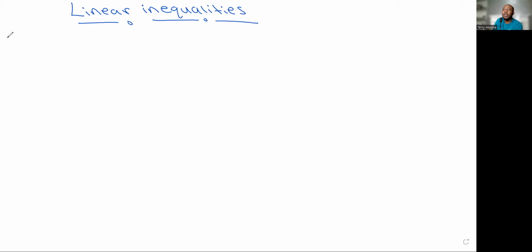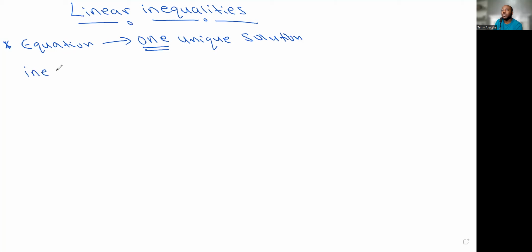One of the major differences is that an equation has only what? One unique solution, usually. But inequalities usually have what they call a range.